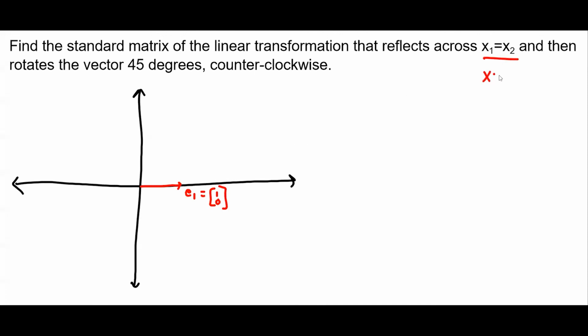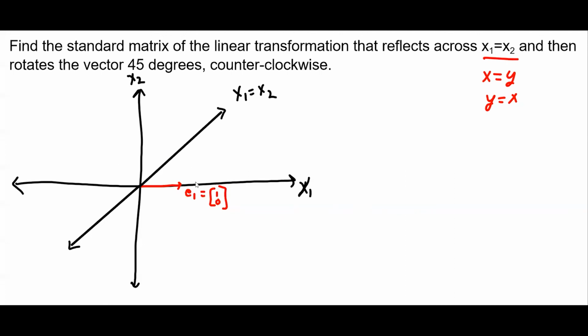Well, that's x equals y, or y equals x. So there is a line going through, right, at a 45-degree angle. So this would be x1 equals x2. Right, this is the x1 axis. This is the x2 axis.